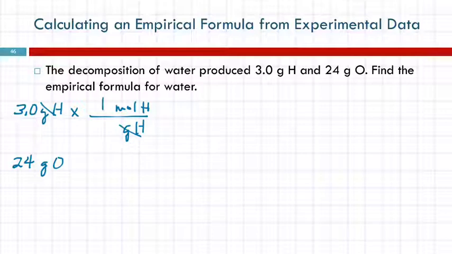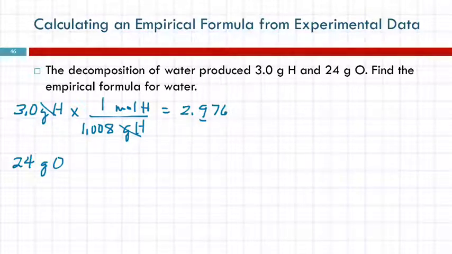How much does 1 mole of hydrogen weigh? Depending on what periodic table you look at, 1.008. So 3 divided by 1.008 equals 2.9. Strictly speaking with sig figs, that'd be the end of it.